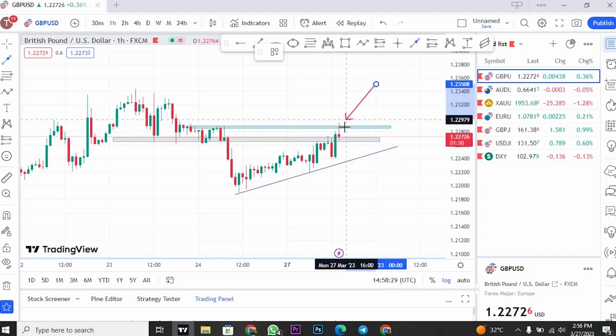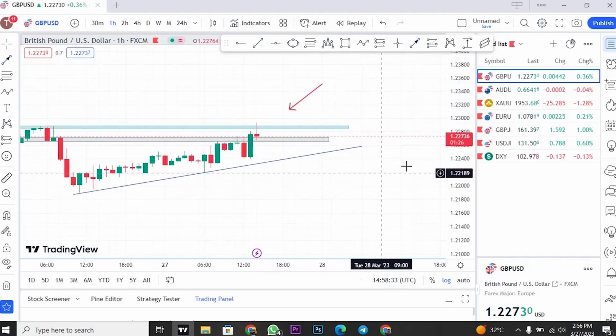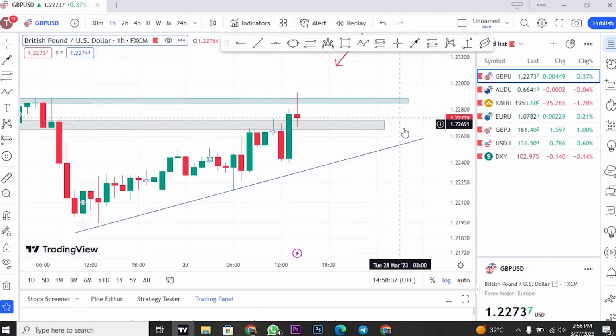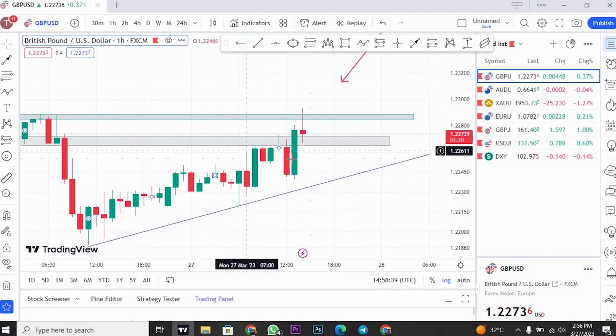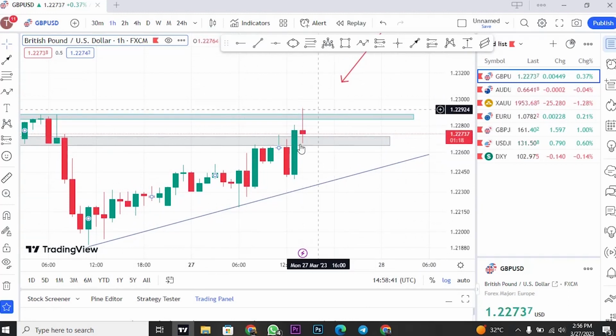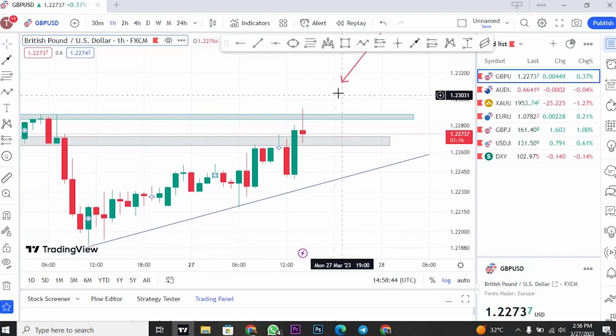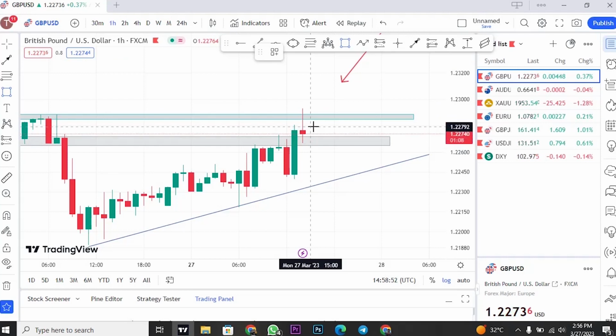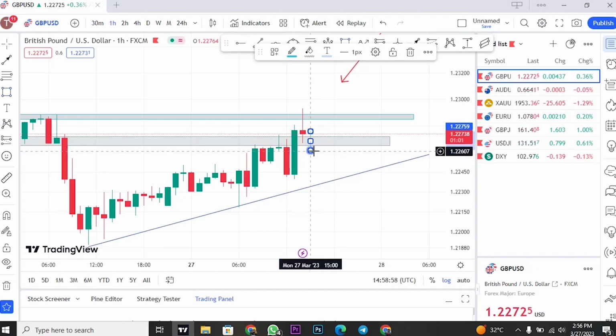You can see how the candle is now creating, currently rejecting the 61% retracement level on the 1 hour chart. So I will just wait for a confirmation right here. I will just wait for another engulfing candle to actually create here.